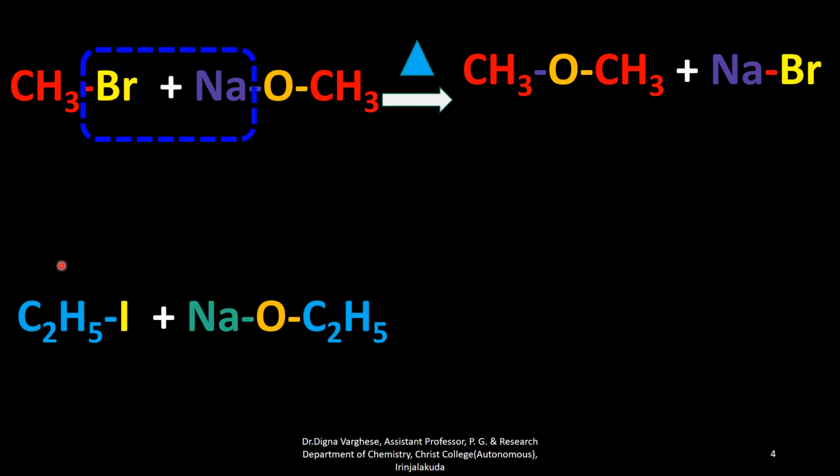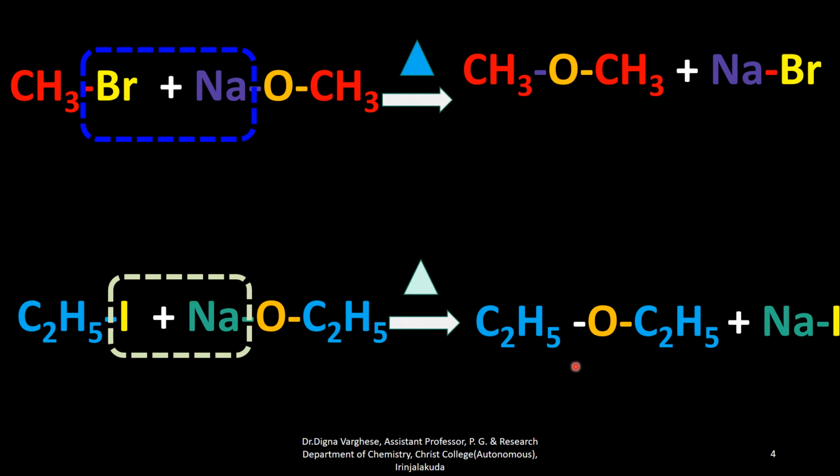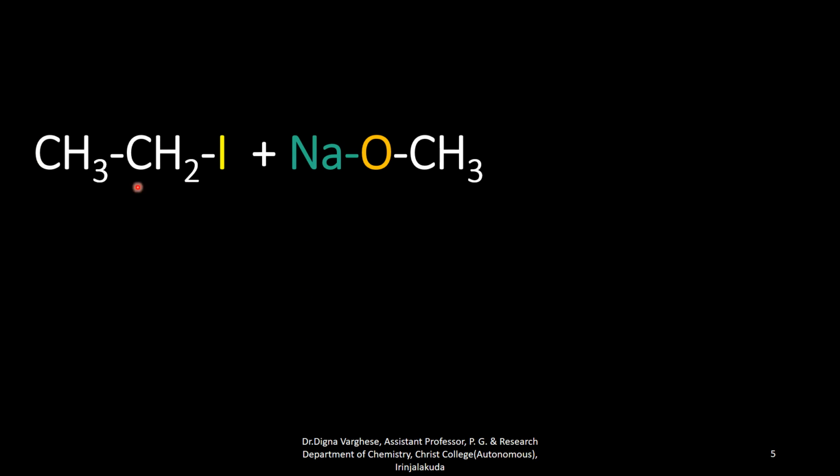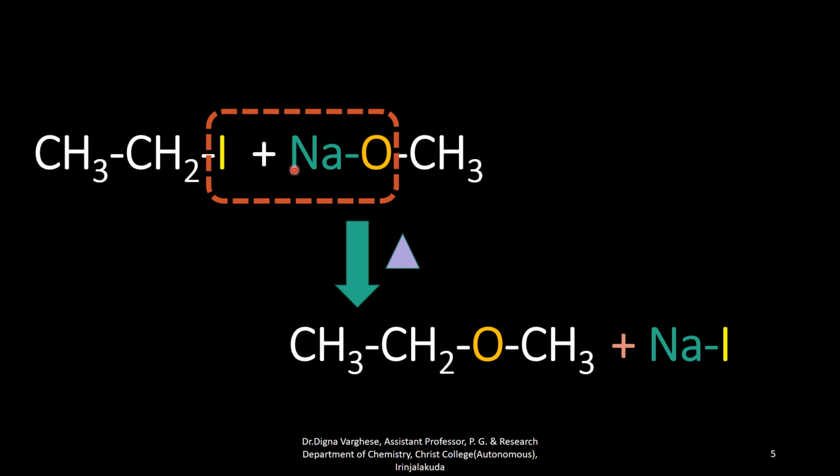Another example is that ethyl iodide reacts with sodium ethoxide, and by the elimination of sodium iodide we will get diethyl ether. Another example is when ethyl iodide reacts with sodium methoxide on heating, it will eliminate sodium iodide, and ethyl methyl ether or methoxyethane is produced.